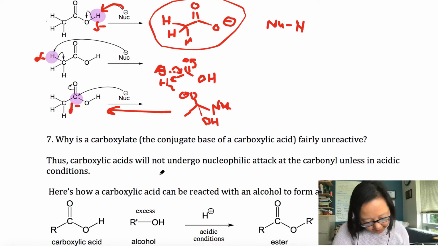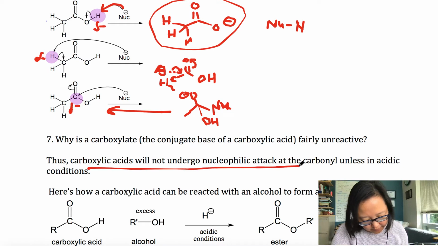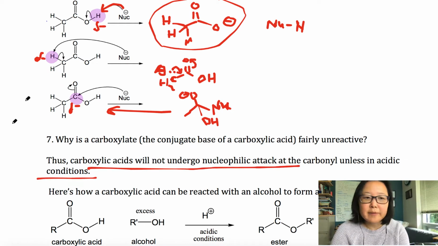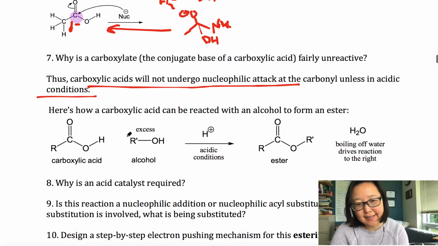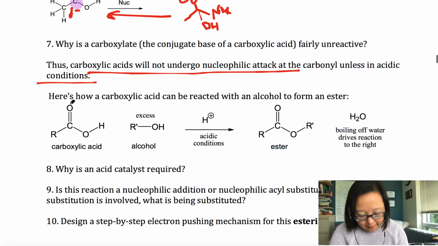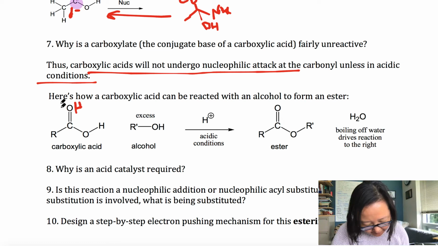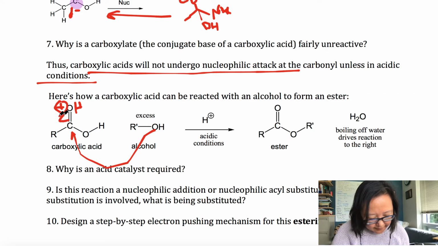So that means we do not take nucleophiles and attack the carbonyl very often unless we have other conditions which make the electrophilic carbon more electrophilic. And we did learn that in acidic conditions, we can protonate this and activate it, making a weak nucleophile more likely to attack here.